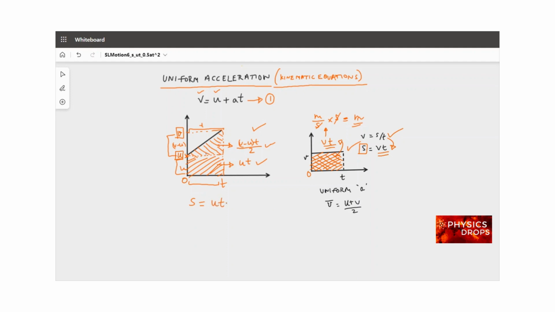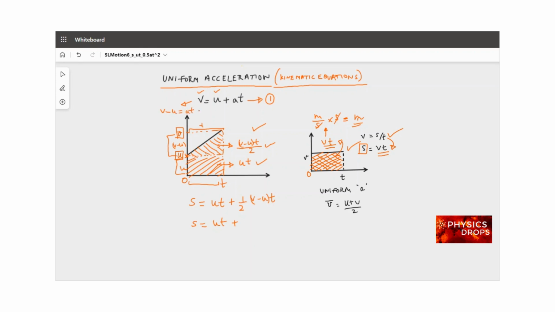So it is ut, initial velocity times t, plus half of v minus u times t. So we are adding both. Now this can be written as ut plus, from this equation we know that v minus u is nothing but at.